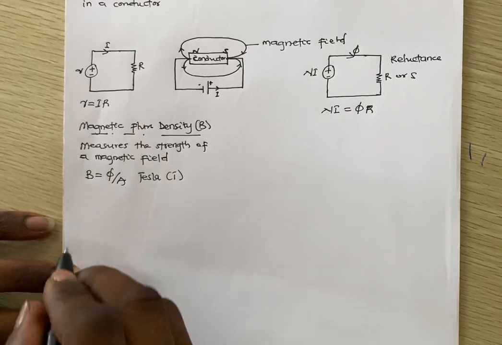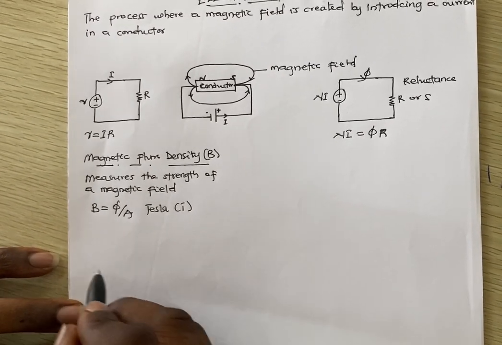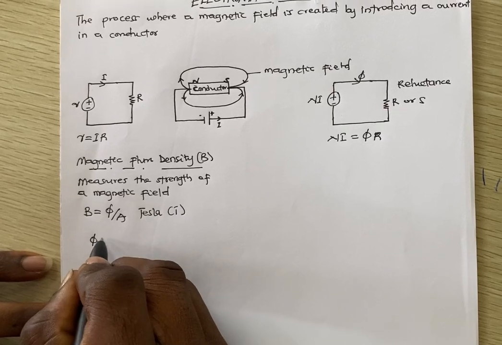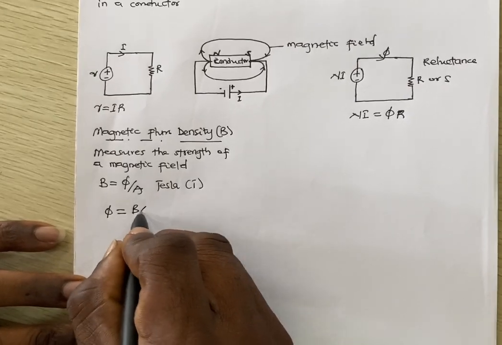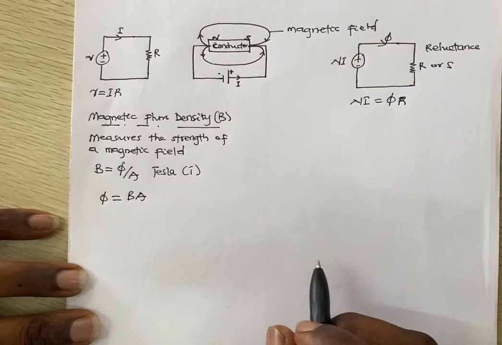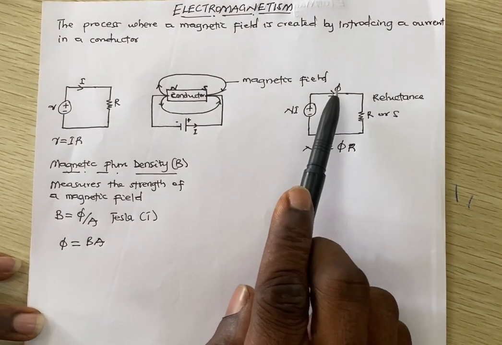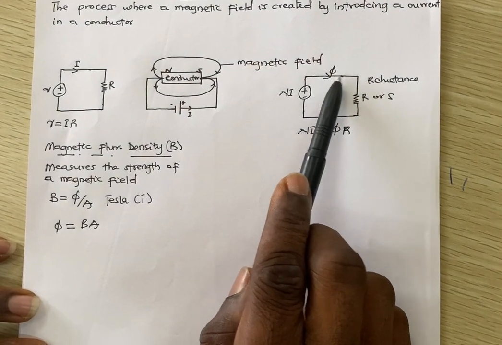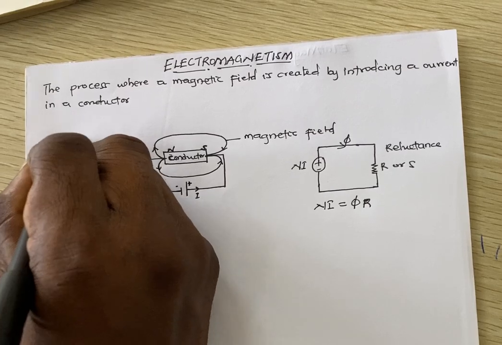Now from this formula, B is equal to phi over A, we can get flux, which will be the flux density times the cross-sectional area. When we come here, we realize that flux represents current in a normal electrical circuit.